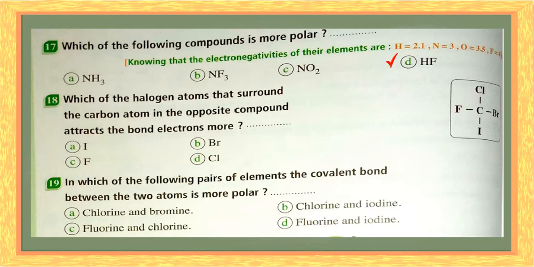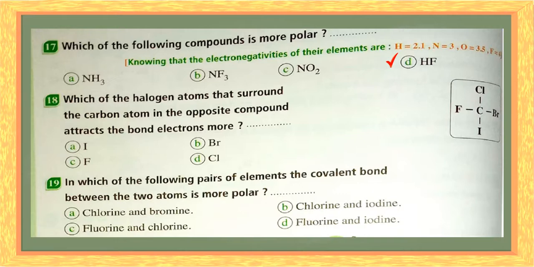The more polar compound is HF, as it has one covalent bond and its electronegativity is higher, so it's more polar.